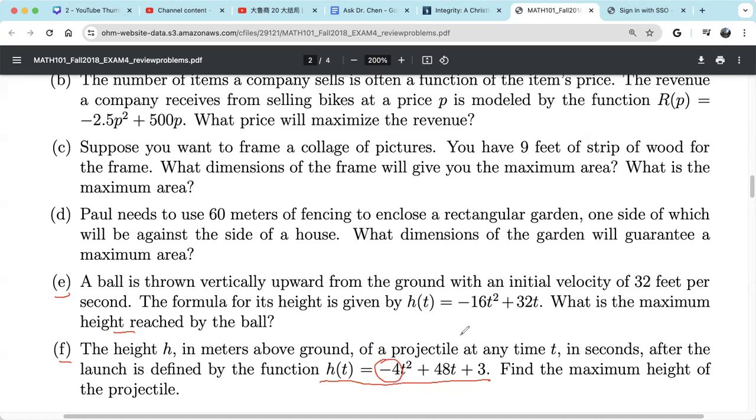To find the maximum height, we do the same. So t equals negative b over 2a. We want to find the vertex. The independent variable t here has the value negative b over 2a. So b is the number before t, 48. 2 times a. A is the number before t squared, the leading coefficient, which is negative 4.